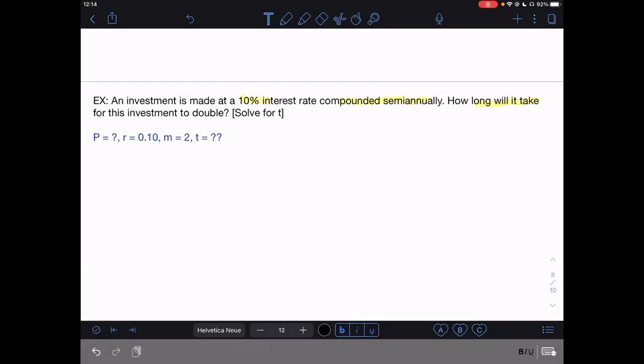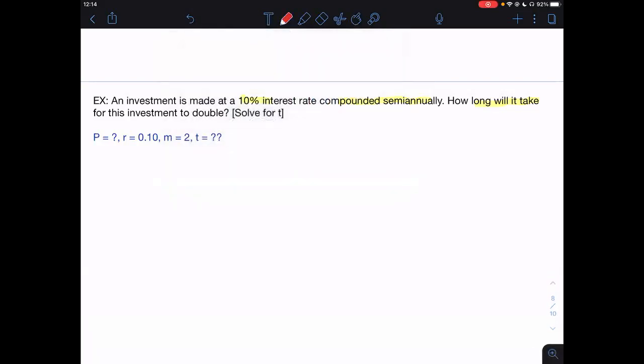Well, let's set up our equation for now. Since we compounded this a certain number of times per year, that means we're using the formula A equals P times 1 plus r over m to the m times t. But we don't know what P is. And what do we know about this initial investment that we made?